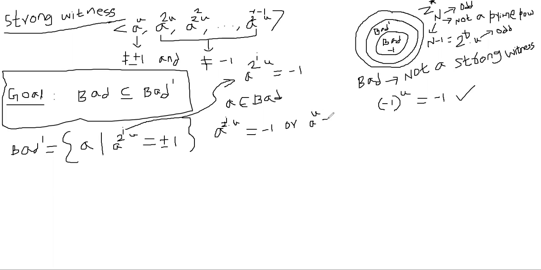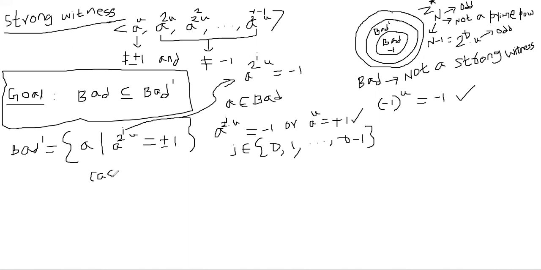This is just coming straight from the definition of the bad set. It's an opposite of the strong witness. And what is the value of j now? J can be 0 or 1 or 2 all the way until r -1. So j belongs to the set 0, 1 all the way until r -1.